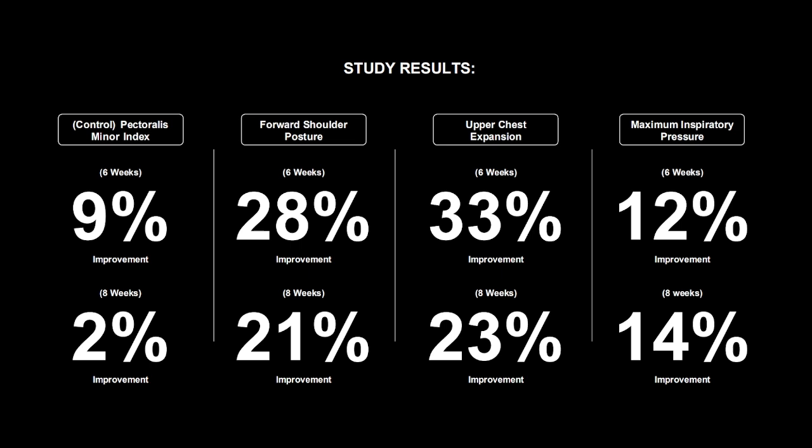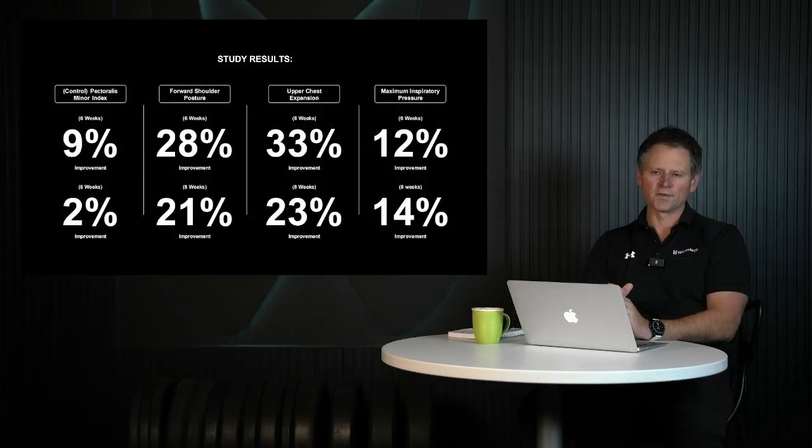We also see a big improvement in their chest expansion, the ability for the ribs to expand with respiration. Those improvements maintained throughout, even after 2 weeks. And then interestingly, the respiratory volume, the respiratory pressure, the strength of the diaphragm improved by 12% after the 6 weeks, and even continued to improve after 2 weeks of doing nothing.